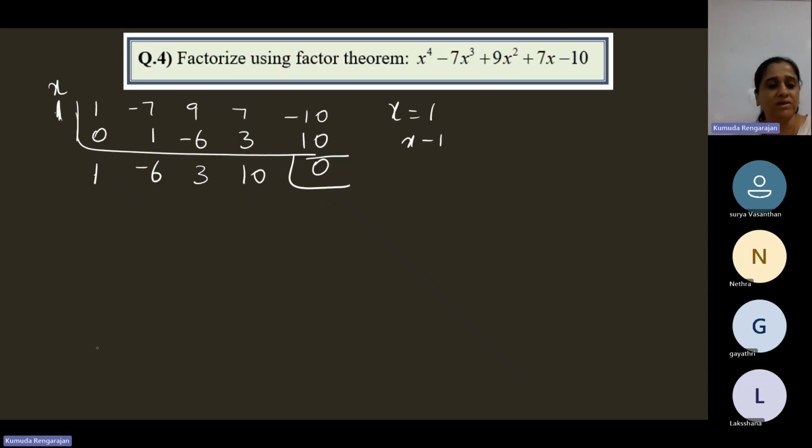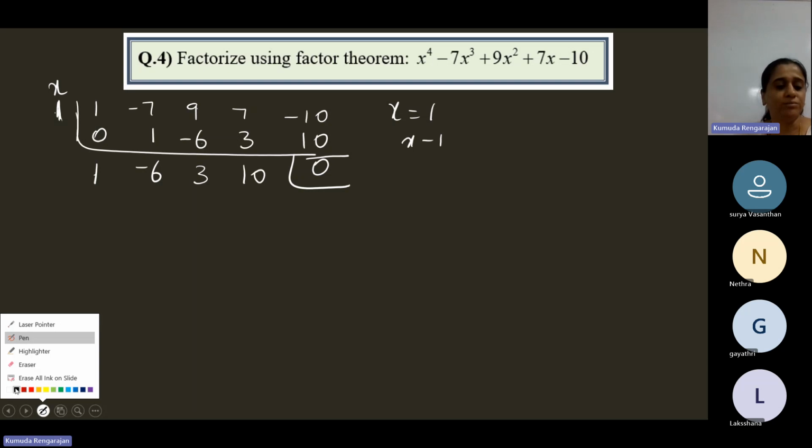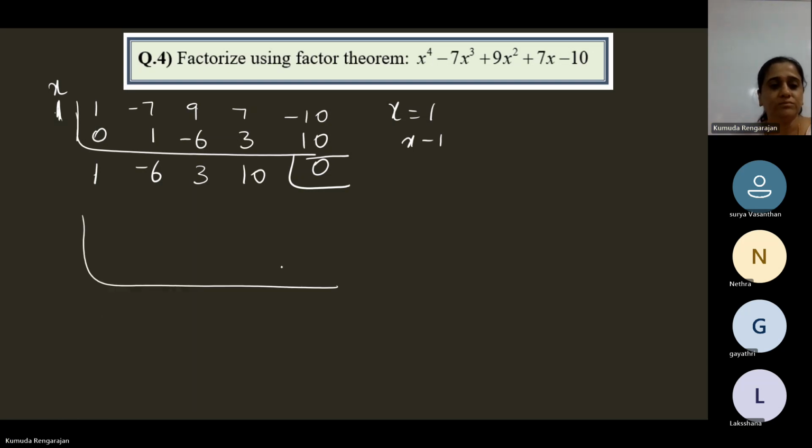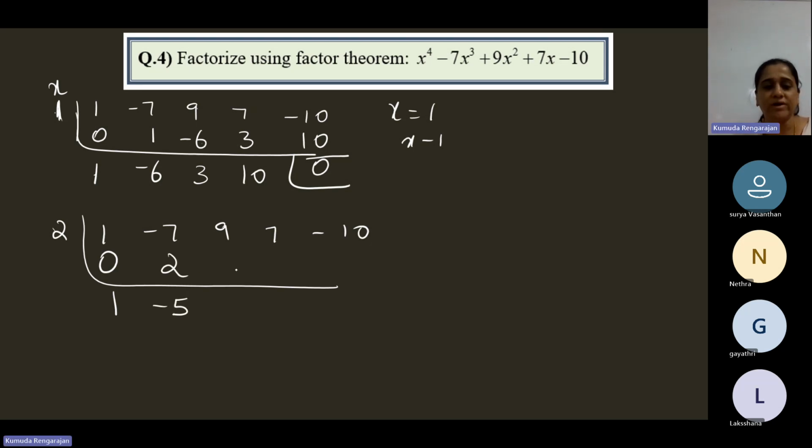All right. Then find another one. Minus 1 itself works. Now supposing you find 2. Like 1, minus 7, 9, 7, minus 10. We'll try 2. So 0, 1, 2 into 1, 2. Minus 5, 2 into minus 5, minus 10, minus 1, minus 2, 5, 10.